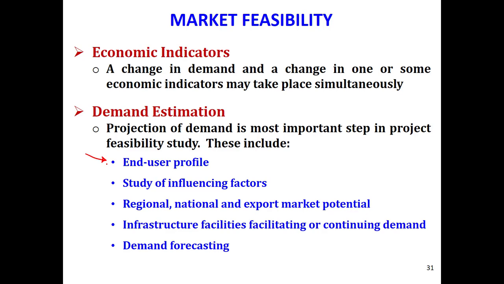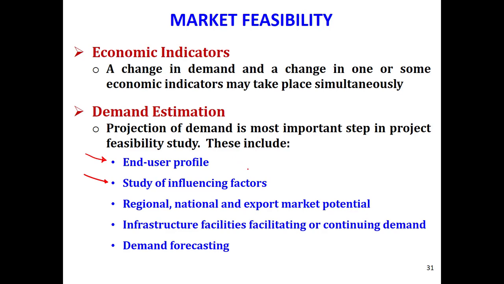If you are producing a simple product, let's say a small supplementary drug, or cosmetic products, who are the end users, right? So you need to know how much money they make, if they can afford your product or not. A study of influencing factors: which type of factor will change the demand.